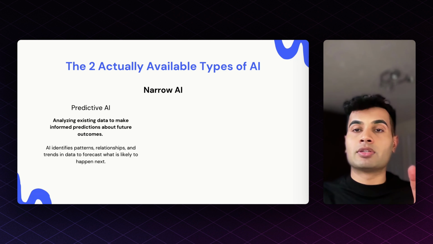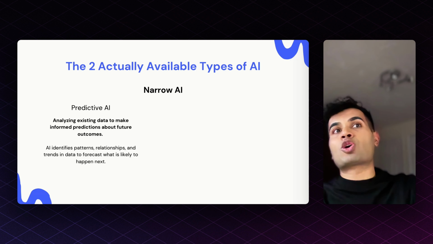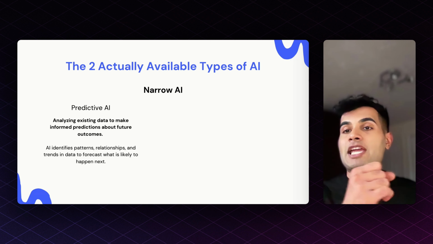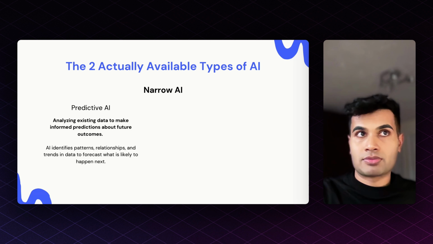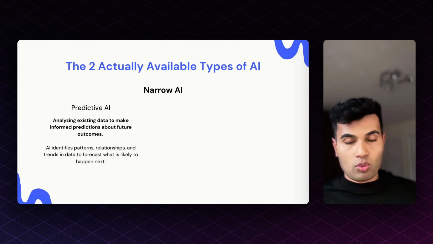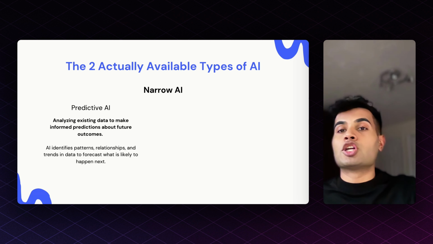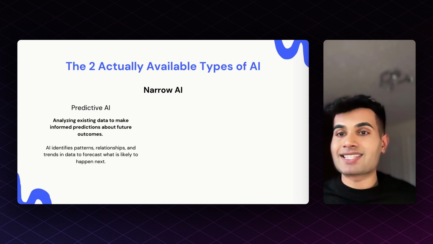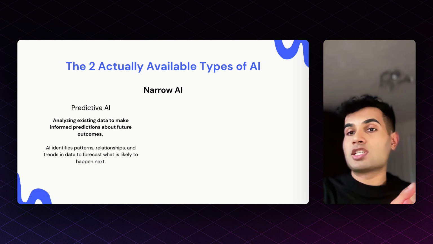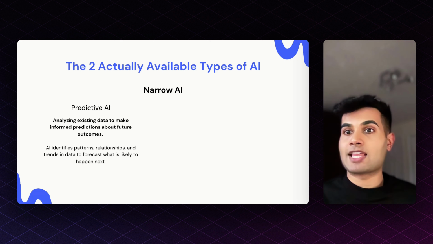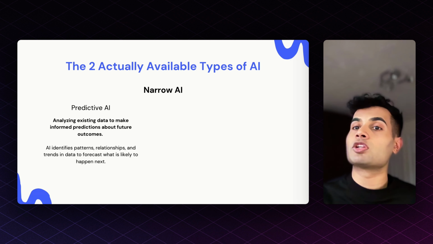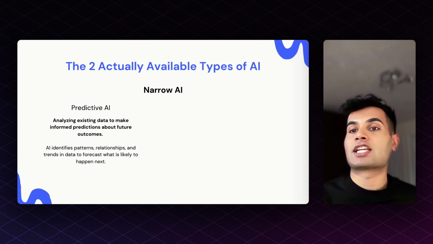Where we analyze historical data to make predictions about future outcomes. Okay, so we give it various smart algorithms, and from this it is able to identify patterns, relationships and trends within the data set that we give it, but then more importantly, forecast what's likely to happen next, right?